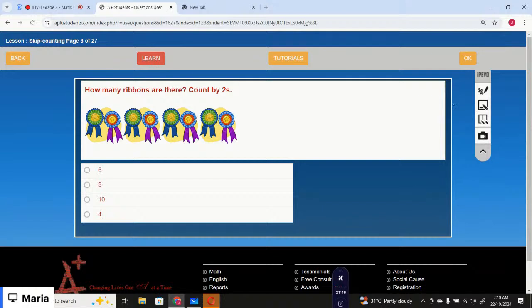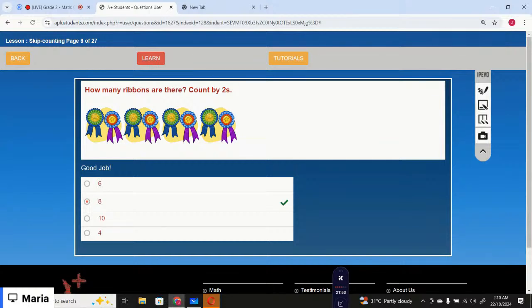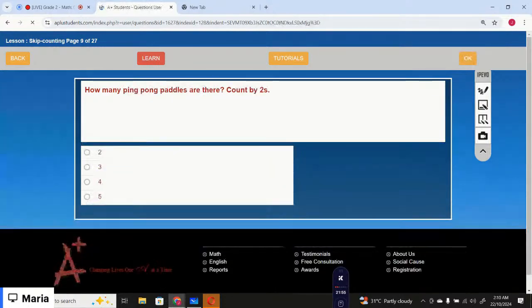Very good. The correct option is 8 ribbons. There are 8 ribbons. How many ping pong paddles are there?